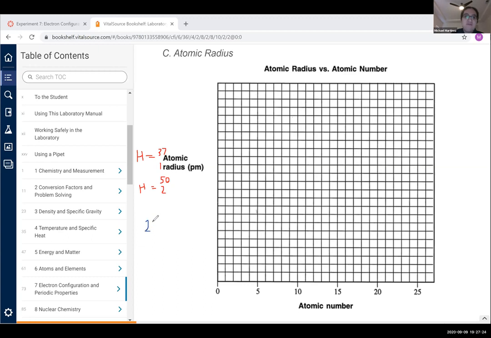So I have 25 boxes. And if my maximum value is about 230, I'm going to make each box worth 10, so that I can include all my data points in my graph.